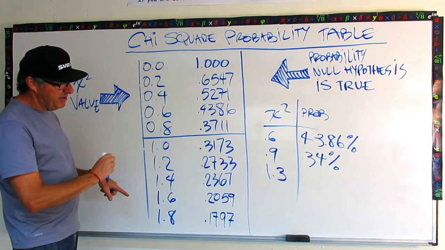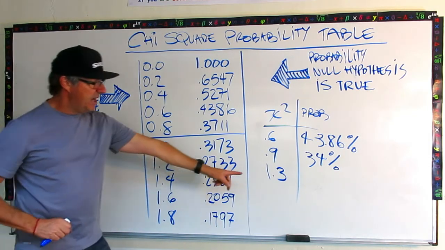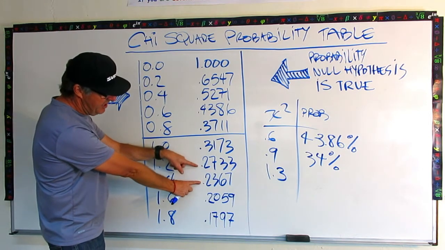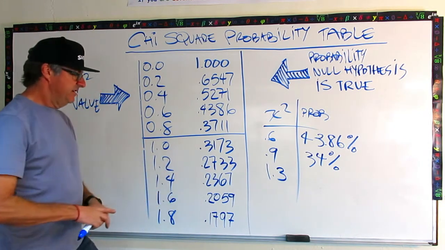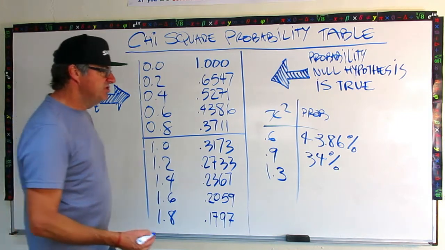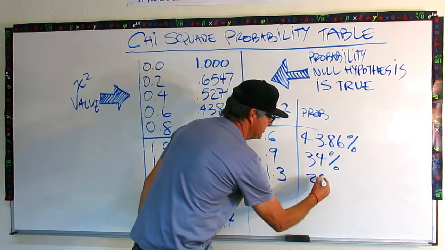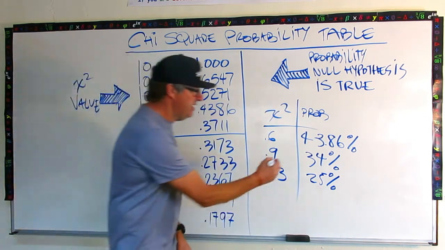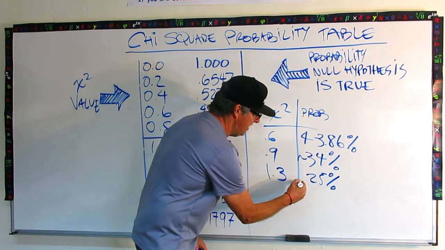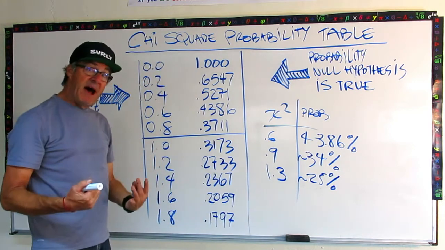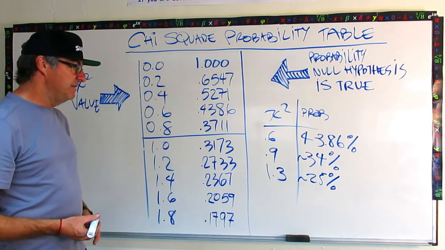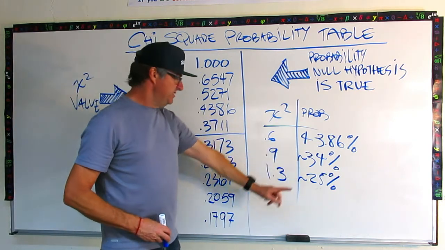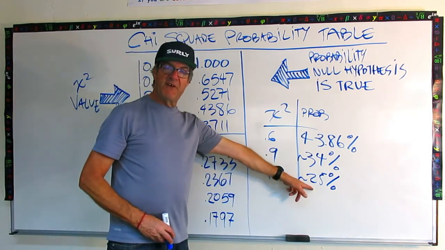So the probability that the null is true for a chi-square of 1.3 is going to be halfway between 0.27 and 0.23. So roughly 0.25 or 25%. And what you might do here is put an approximately. This little wavy line means about. That's the tilde on the keyboard. Okay? So 0.9, roughly 34% chance. 1.3, roughly a 25% chance.